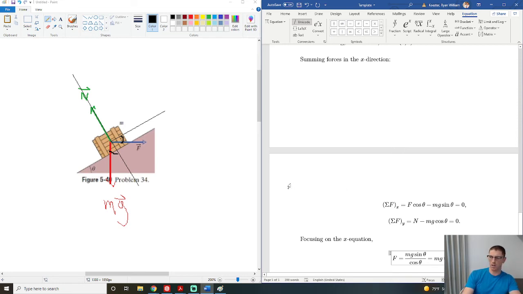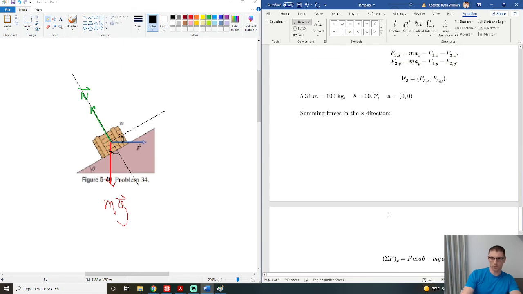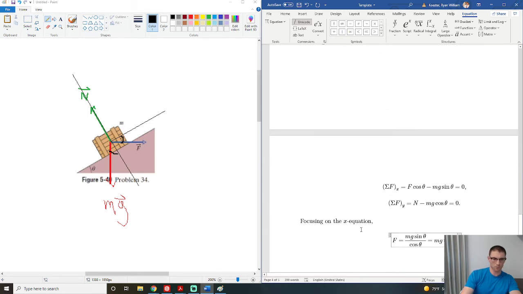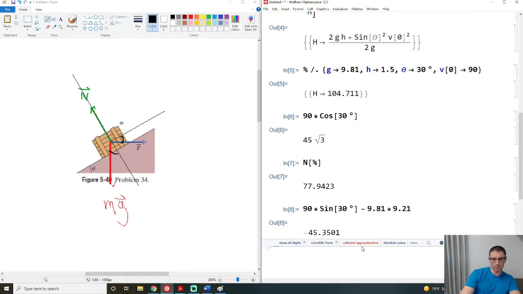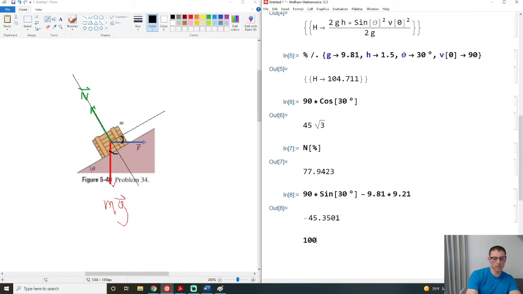Does anybody see a mistake, by the way? This doesn't seem too terrible. So we'll get a number here. It's going to be 100 times 9.81 times the tangent of 30 degrees.